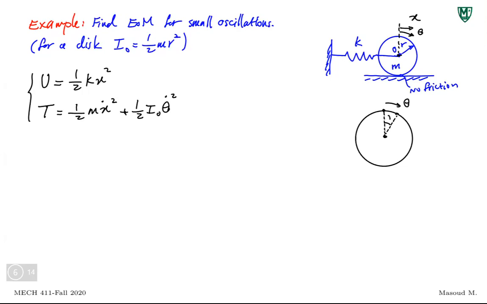So this is theta. Right? And this length is r. Now look at this. This is x. Now for small theta, this point is very close to this point. I have a triangle like this, if I can draw it correctly.